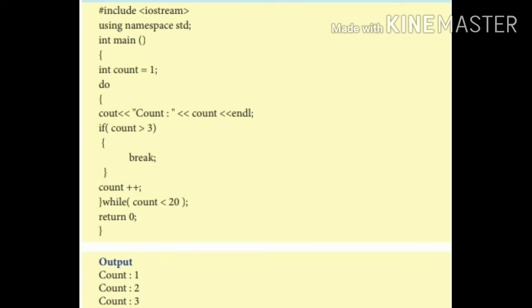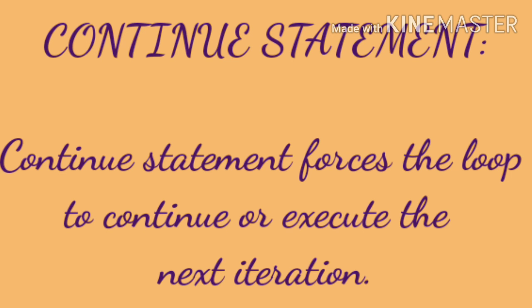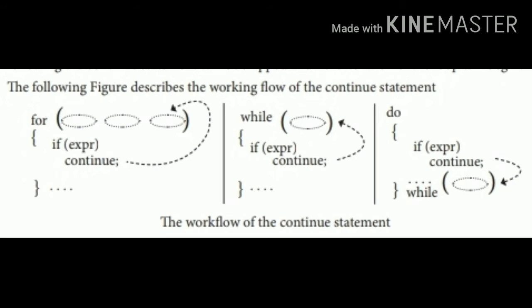The next concept is continue statement, which is more or less similar to break statement, but the break statement terminates the loop, whereas the continue statement forces the loop to continue or execute the next iteration. This is the flowchart for using the continue statement.